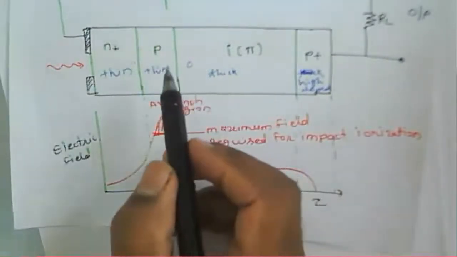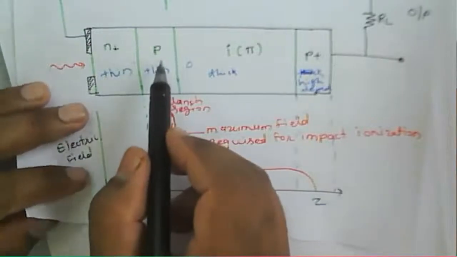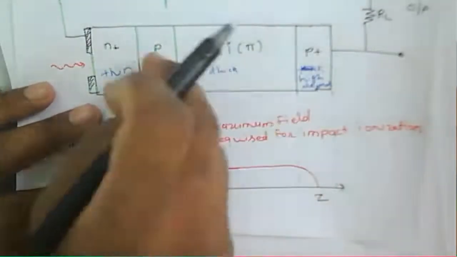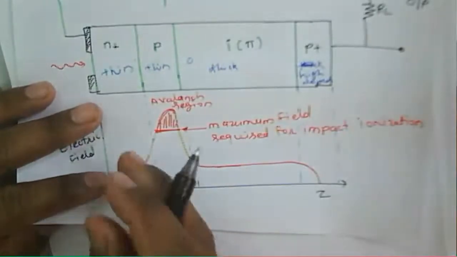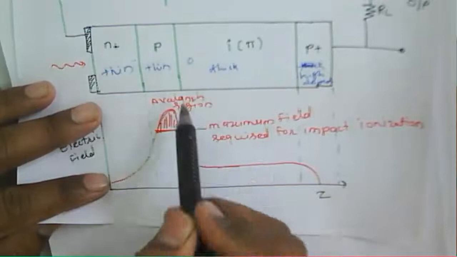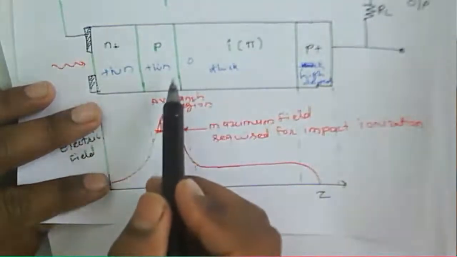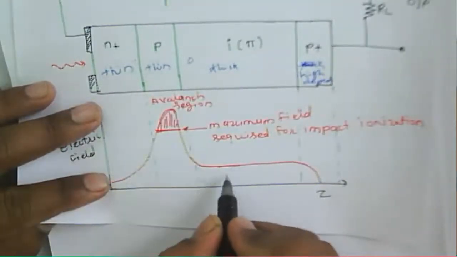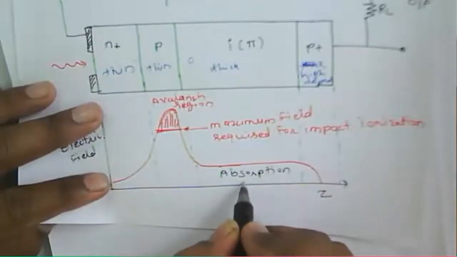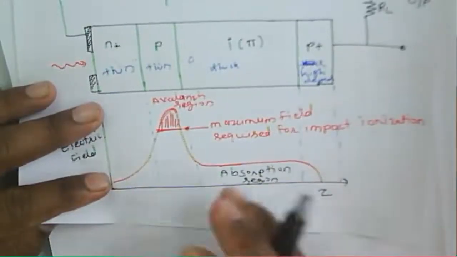So the speed of this reach APD depends upon the electron crossing from this layer to this layer. How much is the time taken for the electron to cross this region? Because this one is nothing but the absorption region.